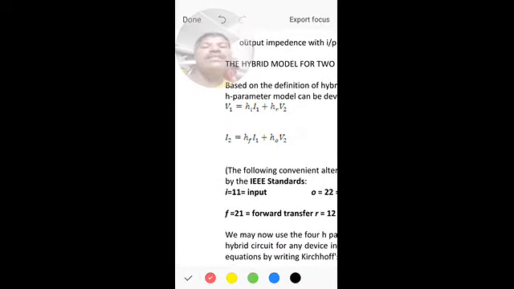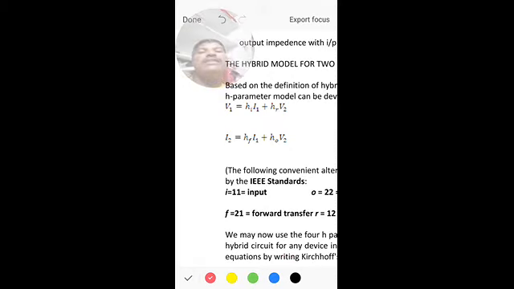So now we can represent the input voltage in these two equations for a transistor in CE configuration.